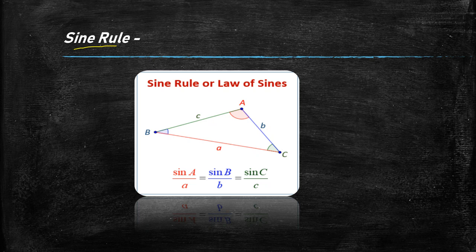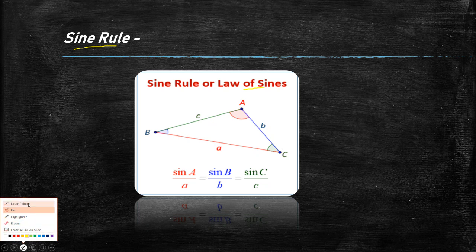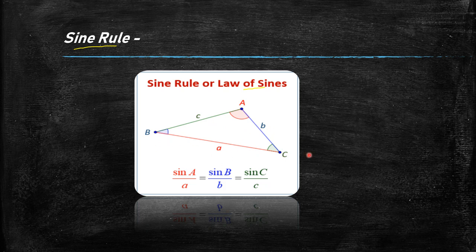So what is sine rule? We also call sine rule the law of sines. We use the notation that I told you in the previous slide. Suppose this is my triangle ABC, and opposite to A is small a, opposite to B is small b, and opposite to C is small c. Then sine of angle A by a is equal to sine of angle B by b, which is equal to sine of angle C by c.